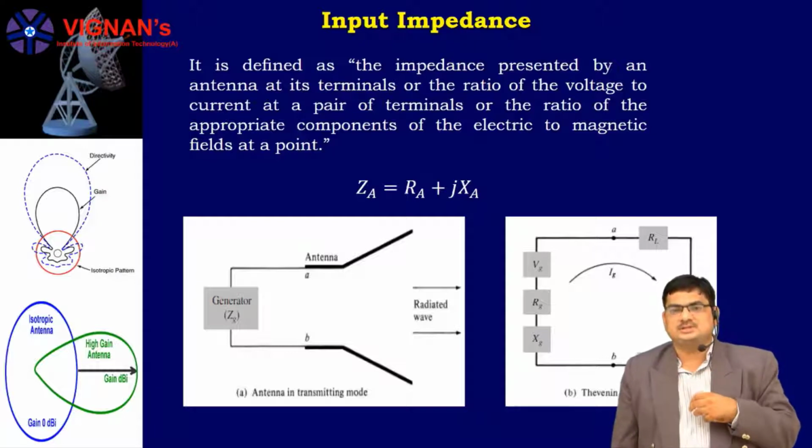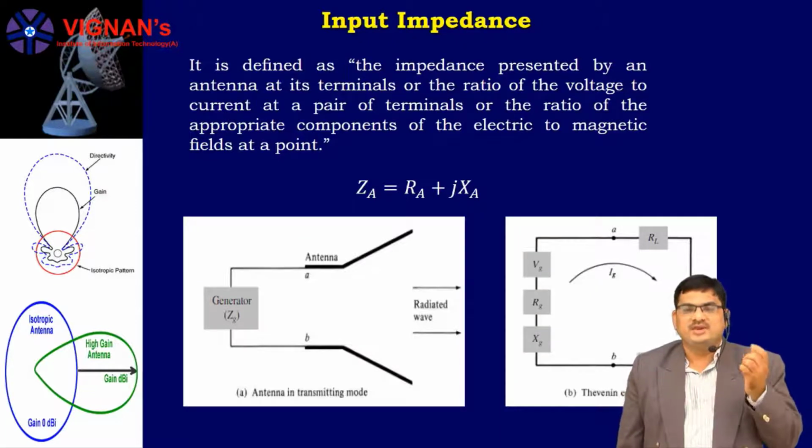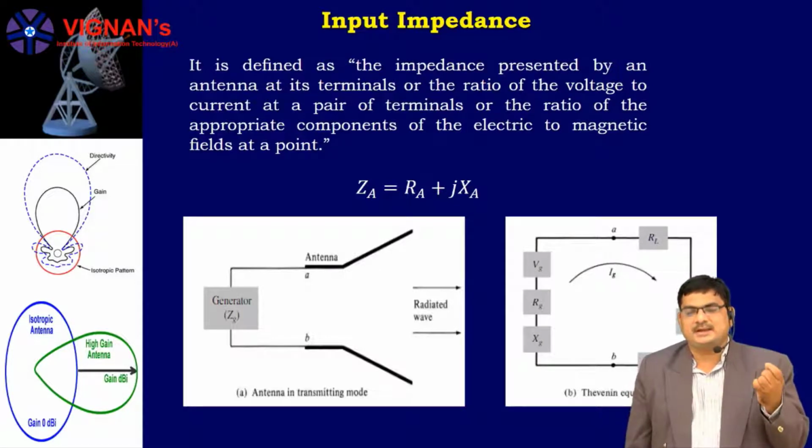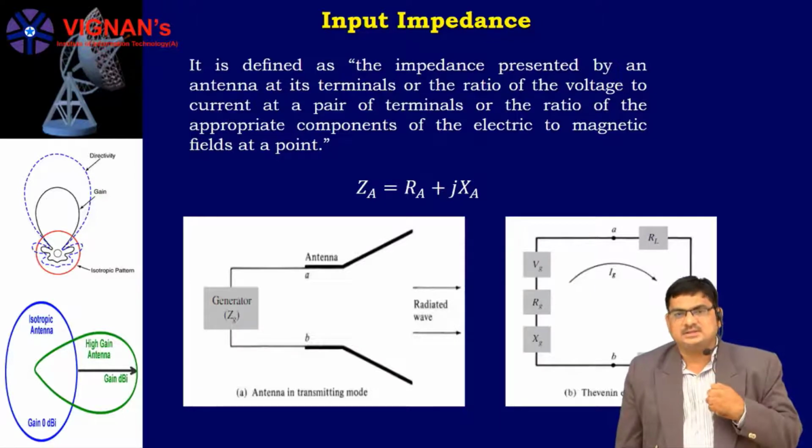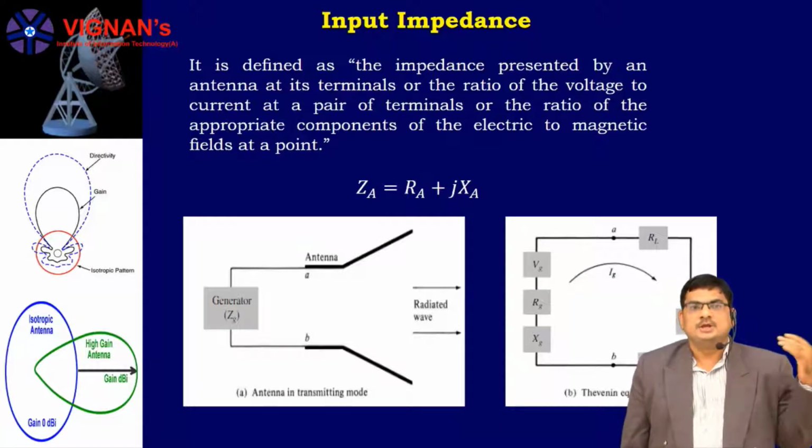Here VG is the RF voltage applied across the generator, and RG and XG are the two components at the input side, that is the resistance of the generator and the reactance of the generator.